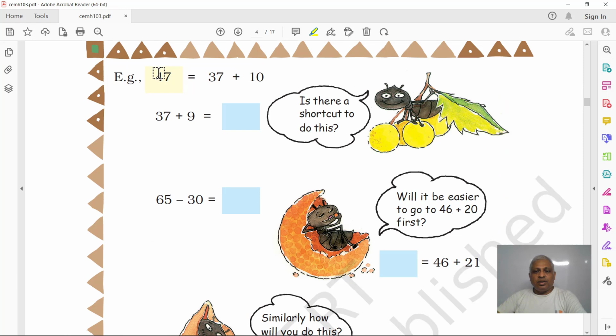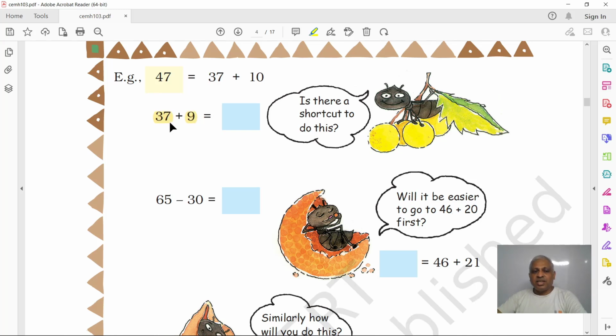47 is 37 plus 10. Yes, we know that. 37 plus 9. This one is asking, is there any shortcut? Yes, we do have. We have seen, right? We do have the shortcuts. 37 plus 9.